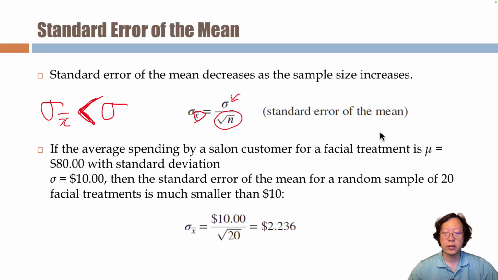If the sample size is more and more, if you add more and more, the plus and minus cancel out more, so it will be way smaller than the population standard deviation.